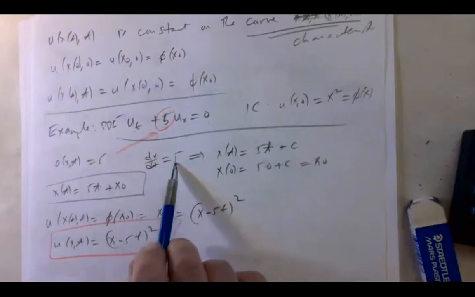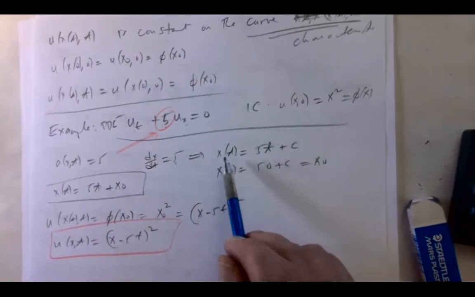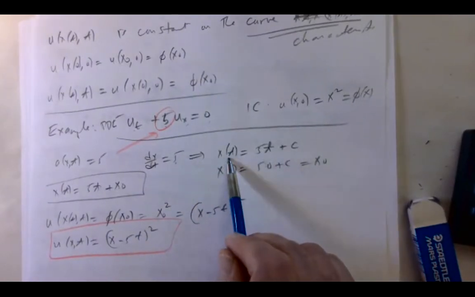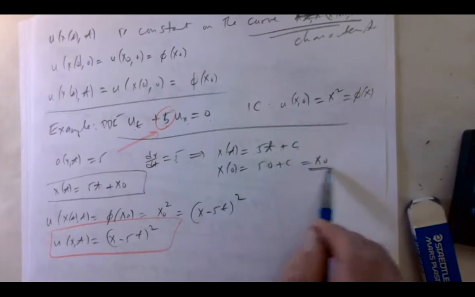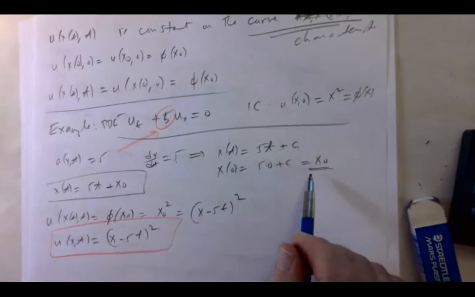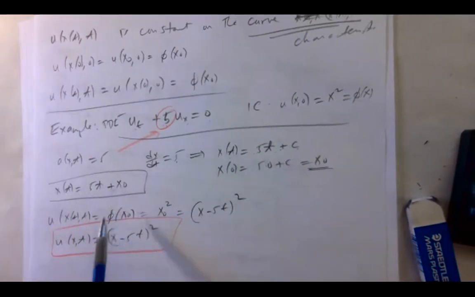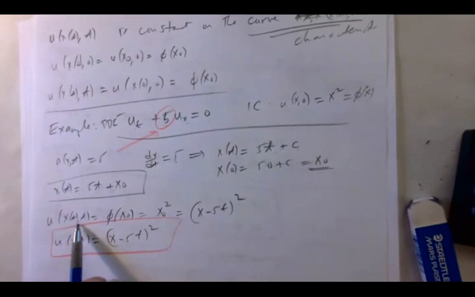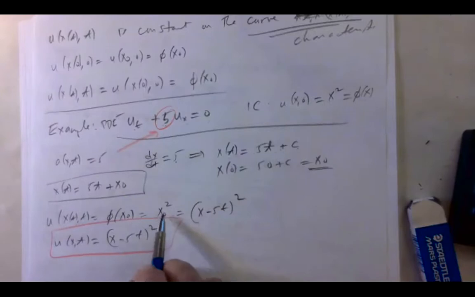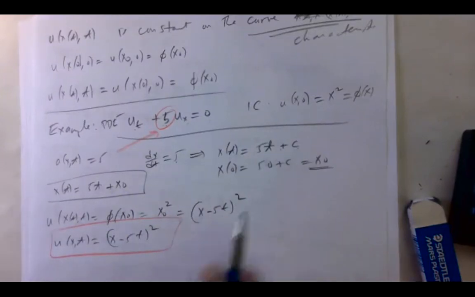So dx/dt is 5. What function has a derivative equal to 5? 5t plus a constant. The constant is just the value at 0, x0. So x of t is 5t plus x naught. So u of x of t comma t is just phi of x naught. That's x naught squared. x naught is x minus 5t, squared.